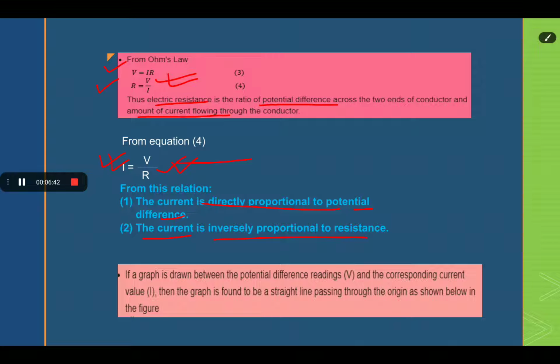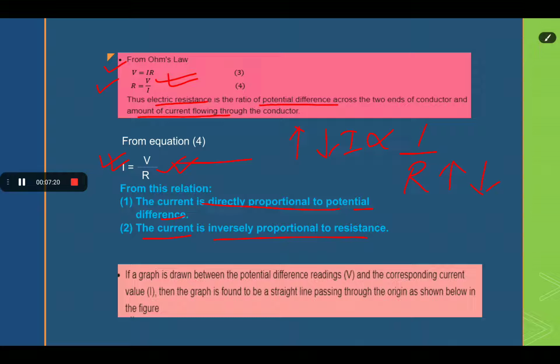When two quantities are inversely proportional, when we increase one quantity, the other decreases, and when we decrease one, the other increases. So if we increase resistance, the amount of current decreases, and if we decrease resistance, the amount of current increases.